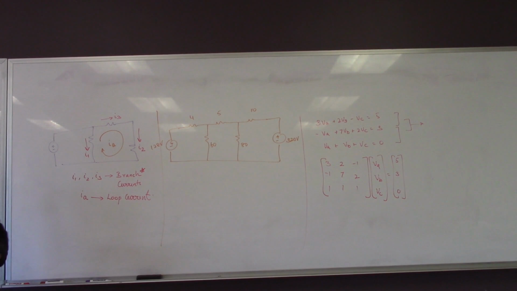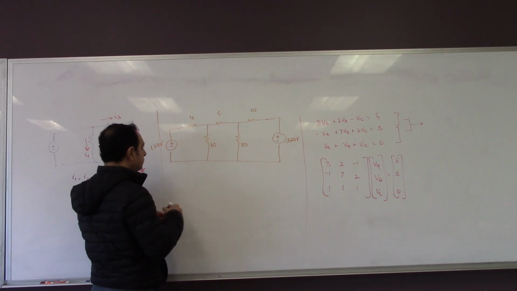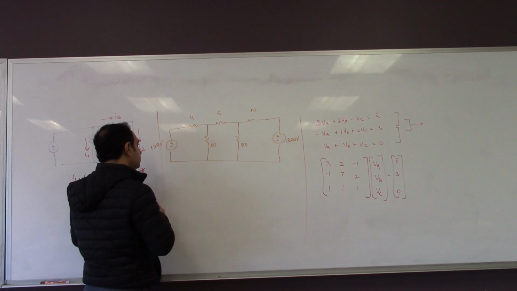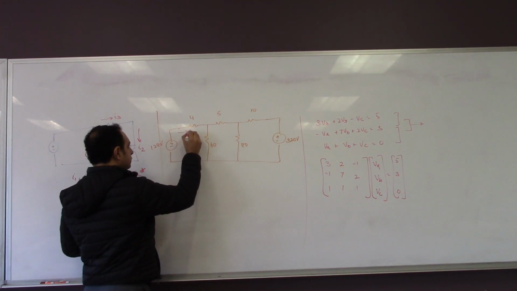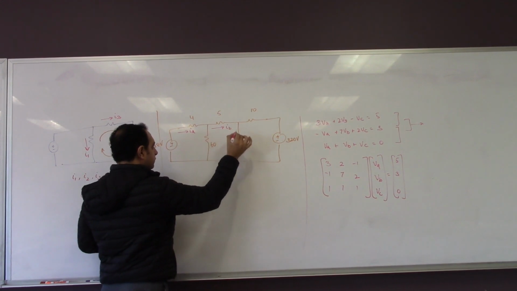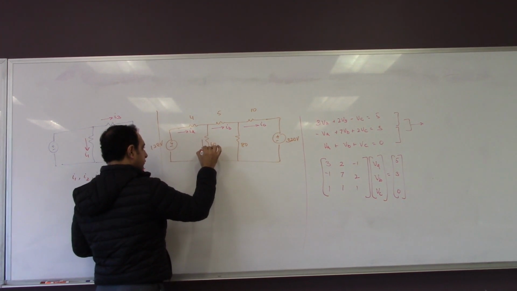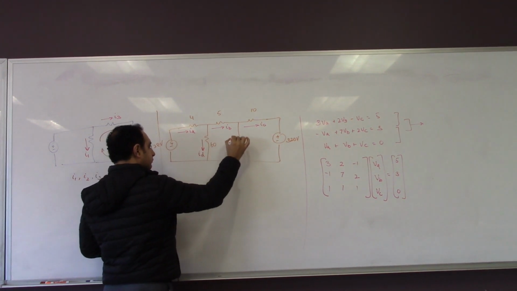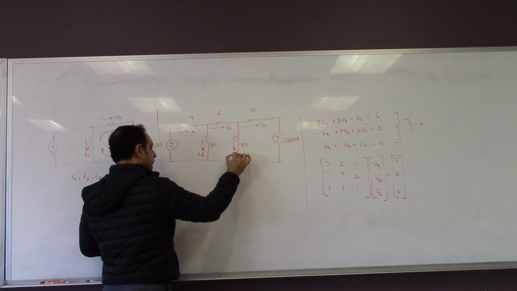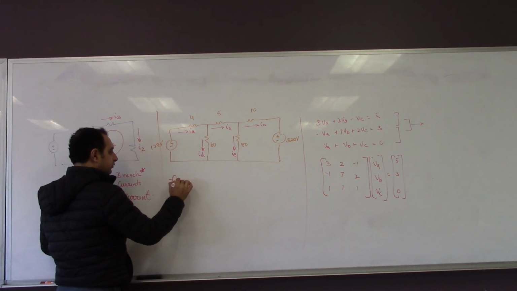Now in this case, we want to find all the branch currents. So branch currents being the following. Find all the branch currents.